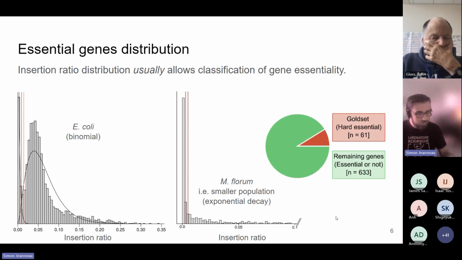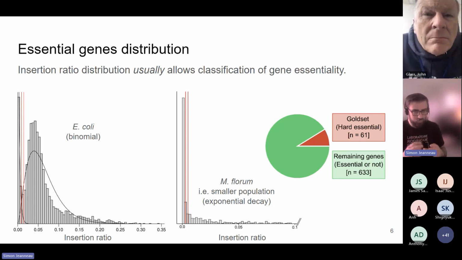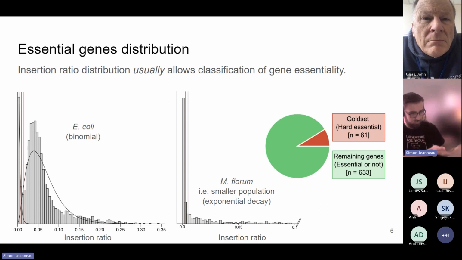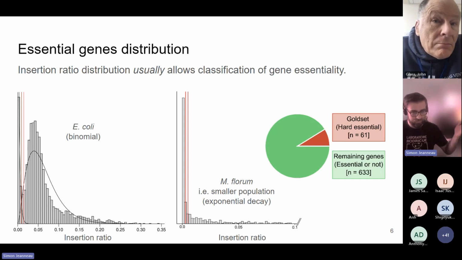We isolated 61 genes, mostly ribosomal proteins, polymerase and central carbon metabolism, that we are strongly confident are essential. We also validated with HDTM that they are exempt of insertion. So we are looking at the behavior of these genes, and trying to see what other genes behave like these, and whether they can be essential as well.